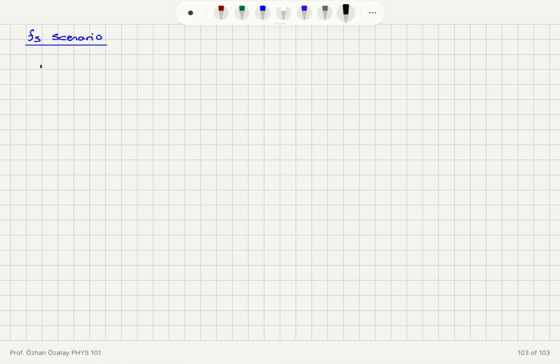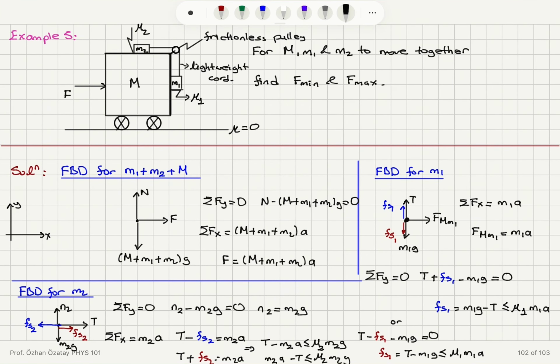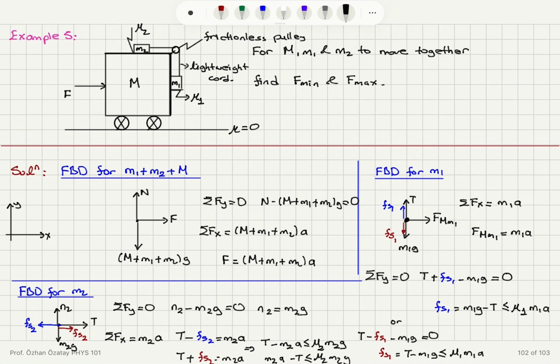And the same scenario from the free body diagram for M2 gives T minus mu2 M2G is less or equal to M2A. That's obtained from this inequality.